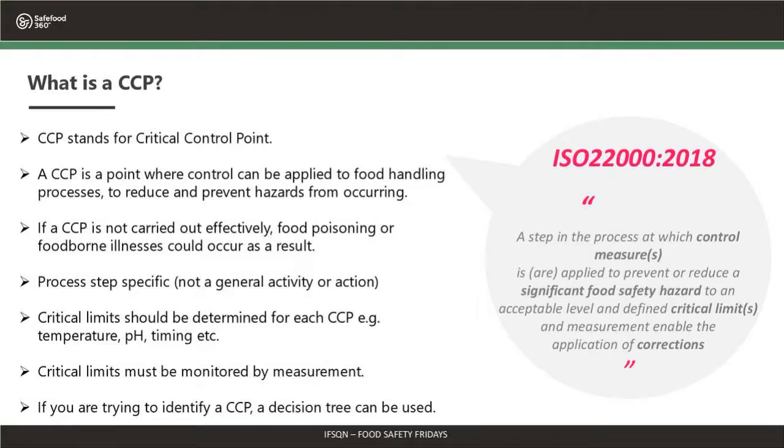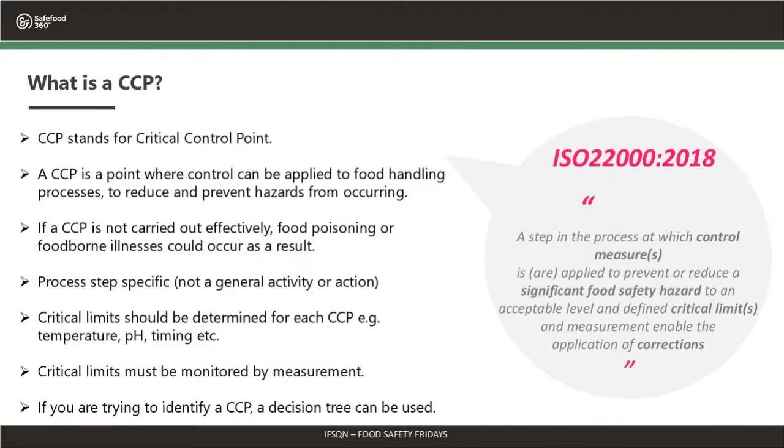A step in the process at which control measures are applied to prevent or reduce a significant food safety hazard to an acceptable level, and defined critical limits and measurement enable the application of corrections. So similar to the OPRP definition, we have the word significant food safety hazard in here. So they're both dealing with significant food safety hazards, something we'll talk about again in a few minutes.